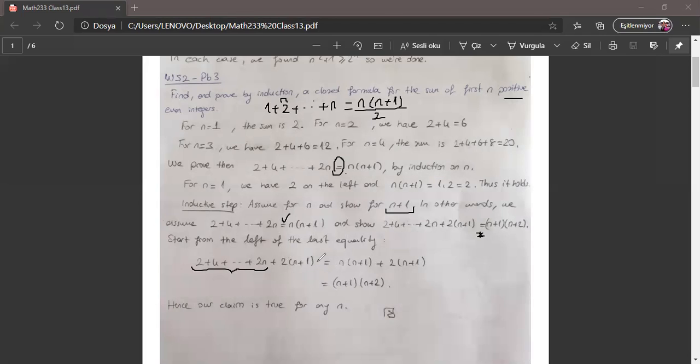Now we have this also here. Now in the parentheses of n plus 1, we get n plus 1 times n plus 2, which is what we wanted to see on the right, okay? So we started from the left and got the right hand side. So it means it's true for any n.